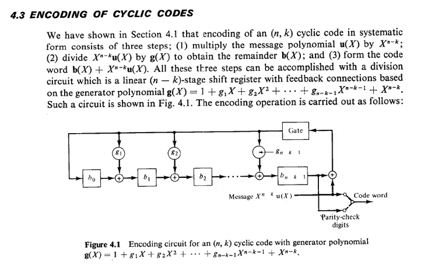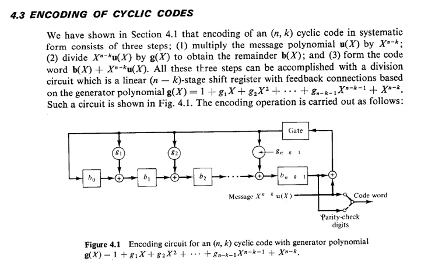All these 3 steps can be done with a division circuit, which is a linear n minus k stage shift register with feedback connections based on the generator polynomial g of x equal to 1 plus g1x plus g2x square plus up to x raised to n minus k. So we are doing 3 steps in this encoding process. Suppose the message polynomial is u of x.